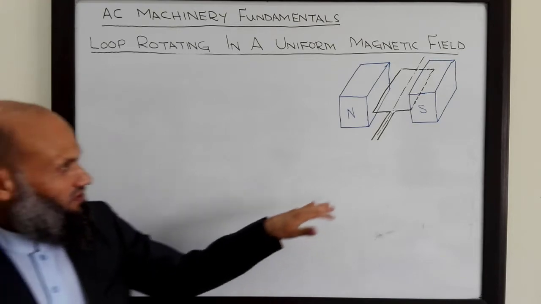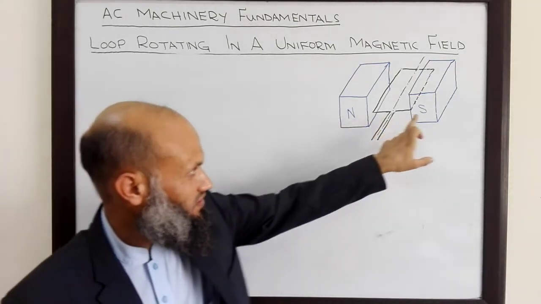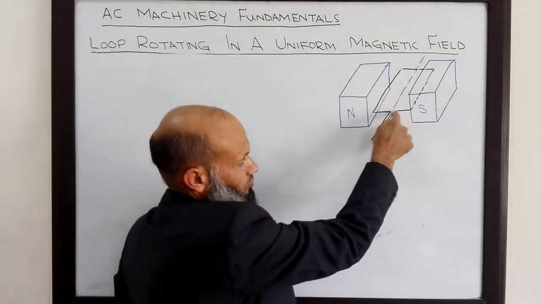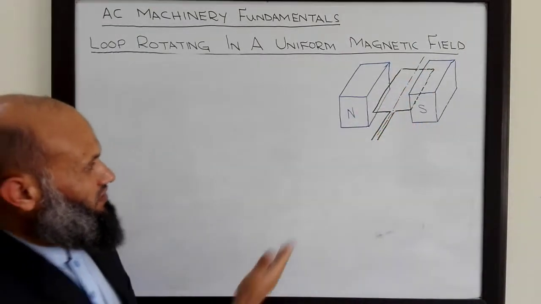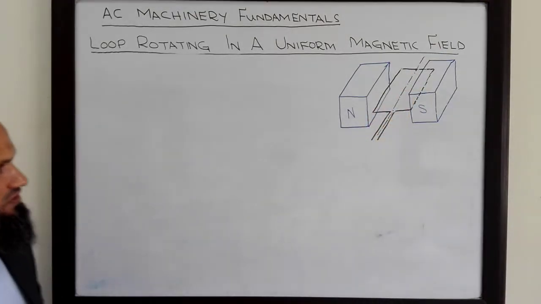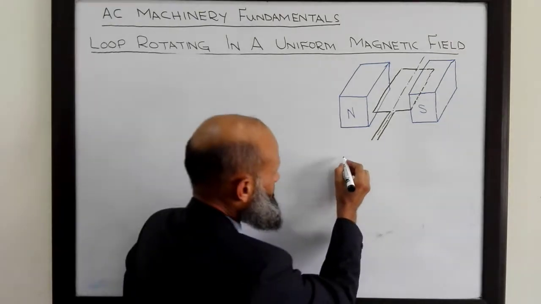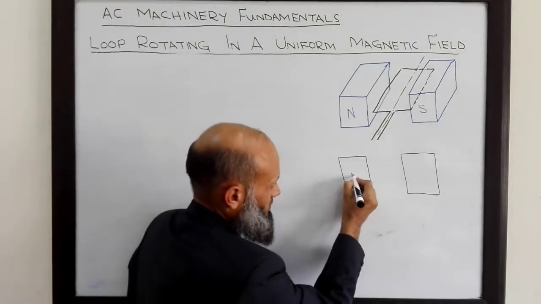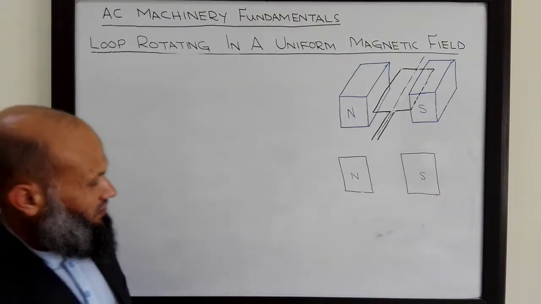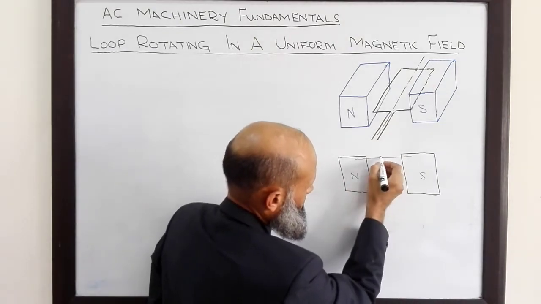The arrangement over here is simple. We have north and south poles, and there is a rectangular coil which can rotate about its axis. If we look at this arrangement from the front, we have this front view. We have north and south poles, and there is a uniform magnetic field due to these poles.